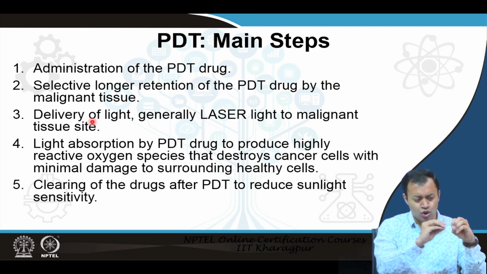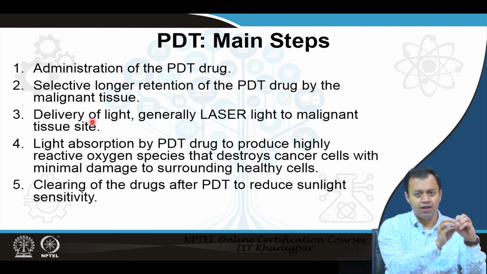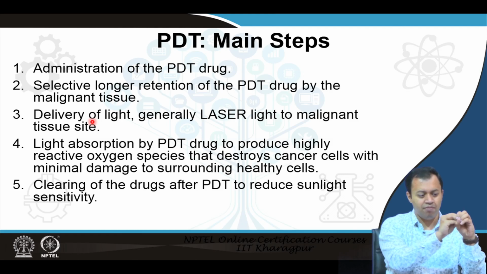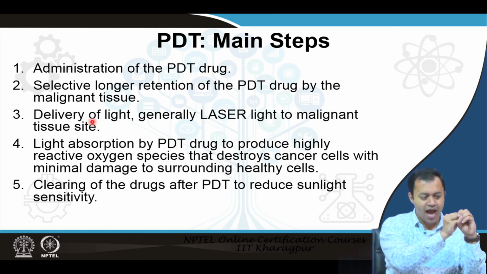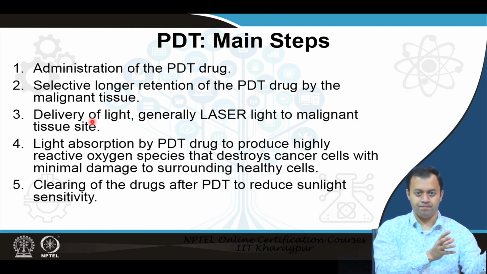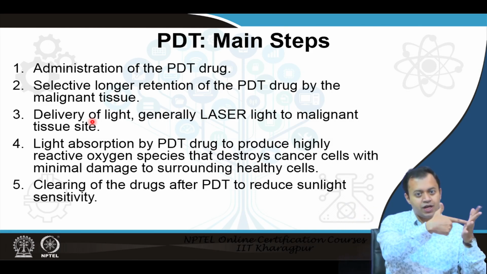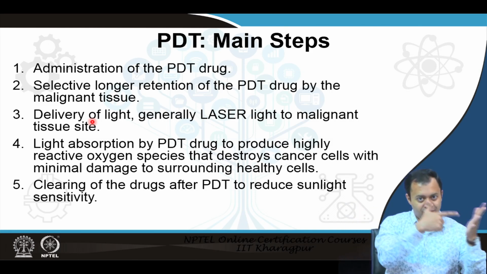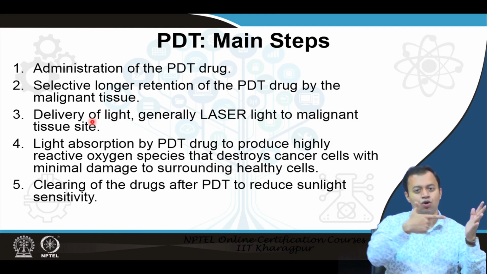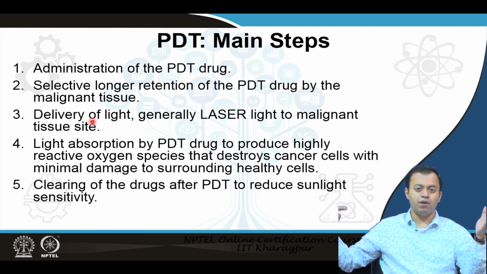It can go through and activate the medicine that is in that cancerous growth area, thereby causing a chemical reaction and destroying it. So, the fiber does not need to be directly in contact with the tumor. The fiber could be far away.